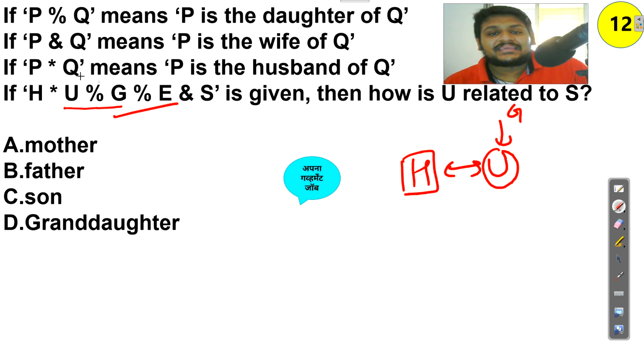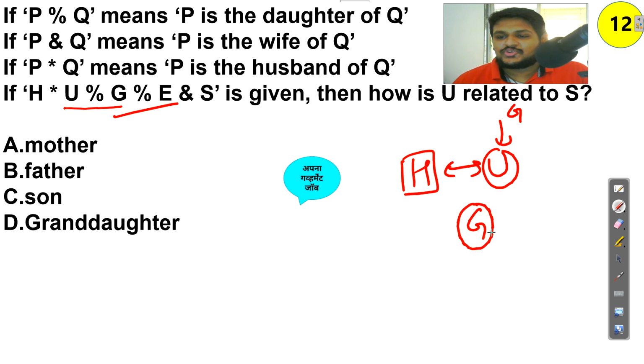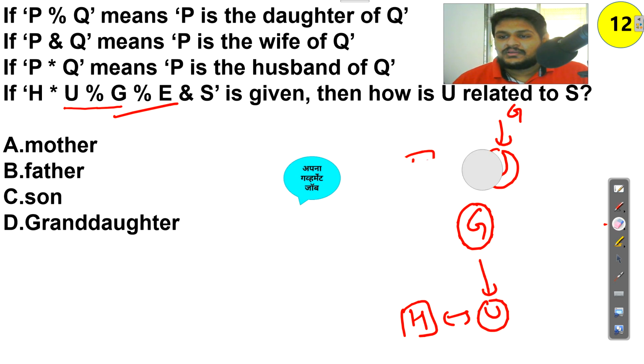Then G percentage E: G is the daughter of E. So we just require some space here.